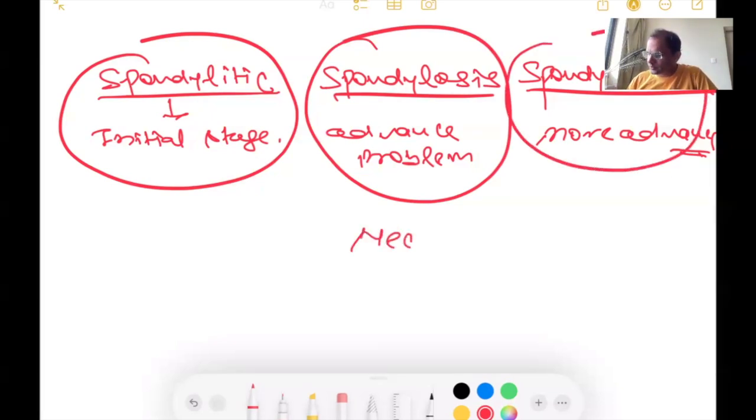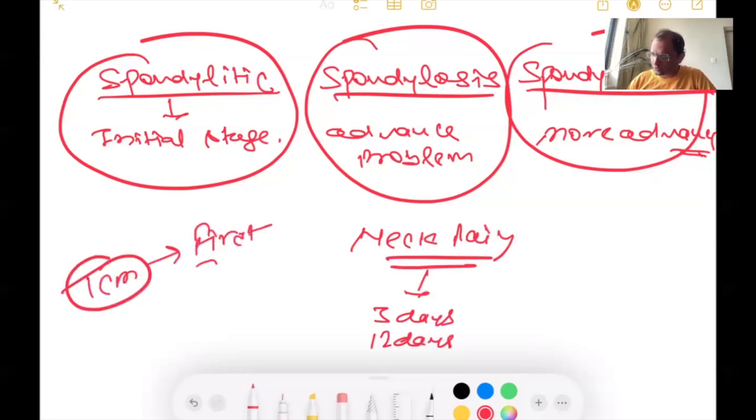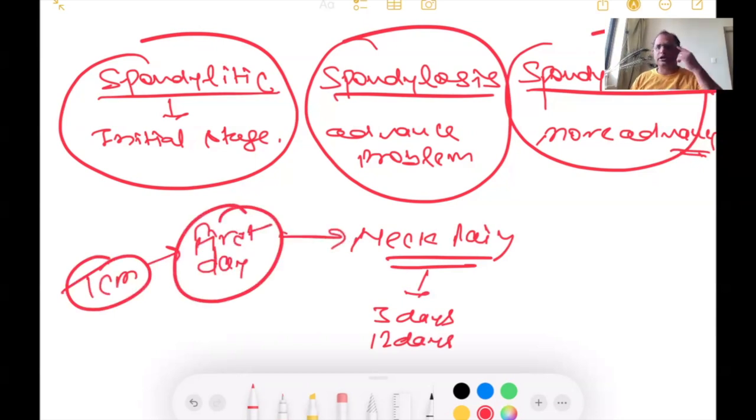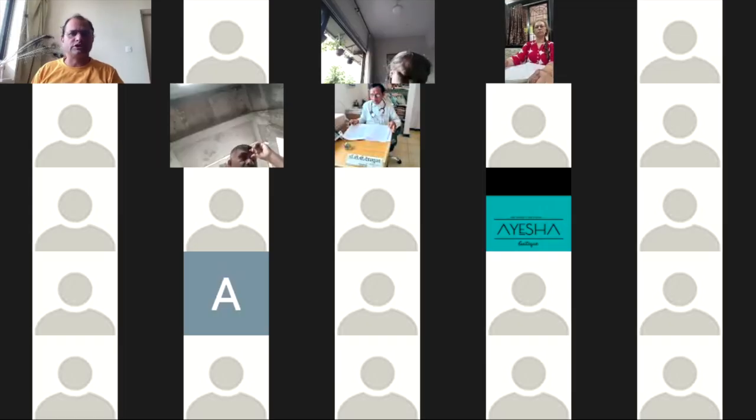So when the patient is coming with neck pain, we can't say, okay, we will cure you in 3 days or 12 days. But as soon as we apply our TCM protocol, even on the first day, the patient will feel very good. पहले दिन ही उसे अच्छा लगेगा. कई बार तो पेशेंट पूछ सकता है तीसरे चौथे दिन, still I need to continue the treatment or not, because he will be feeling very good.